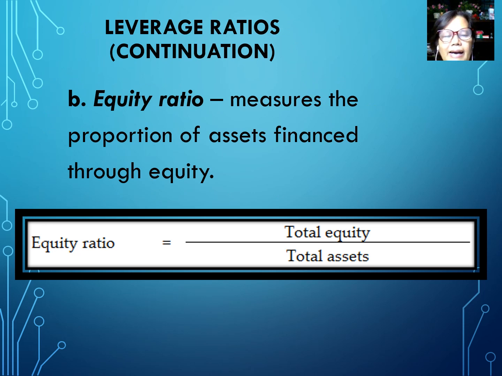Now, another example in leverage ratio is equity ratio. So, ito, total equity over total assets. So, ito yung sinasabi ko. Kung nakuha mo yung debt ratio, makukuha mo rin si equity ratio, pagsamahin mo, ano ang total. Okay? Magiging 100 siya or 1.